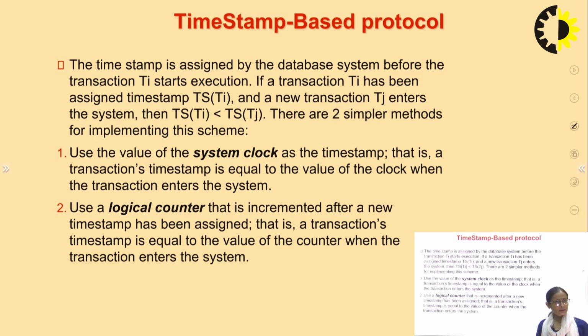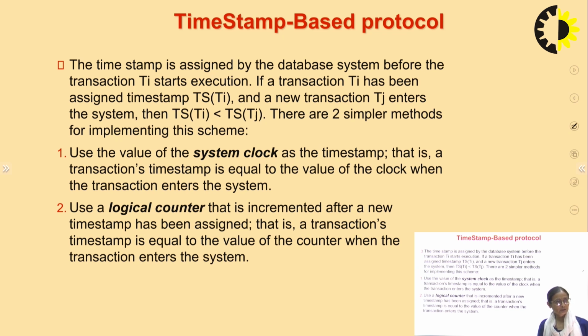This is another set of protocols, that is the timestamp based protocol. Here we are assigning timestamp values to my transaction as well as to my read and write operations. Here the timestamp is assigned by the database system before the transaction Ti starts execution.